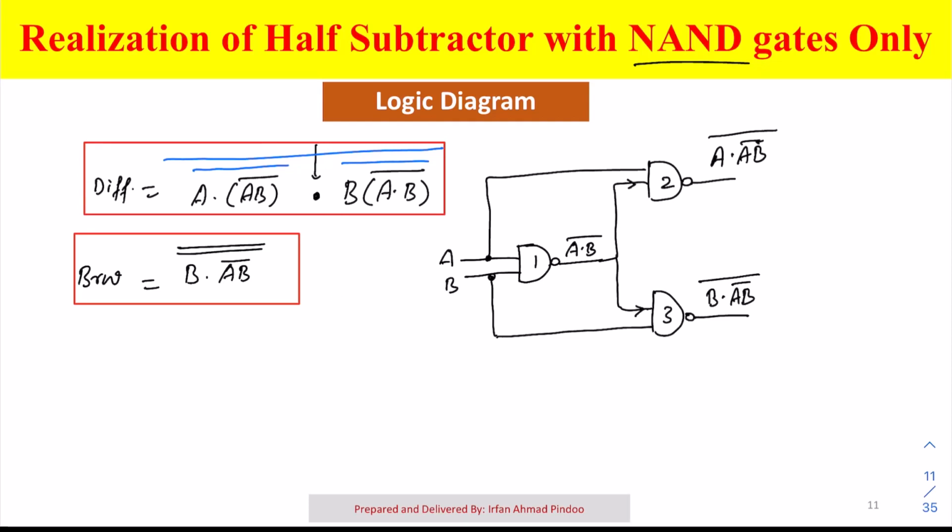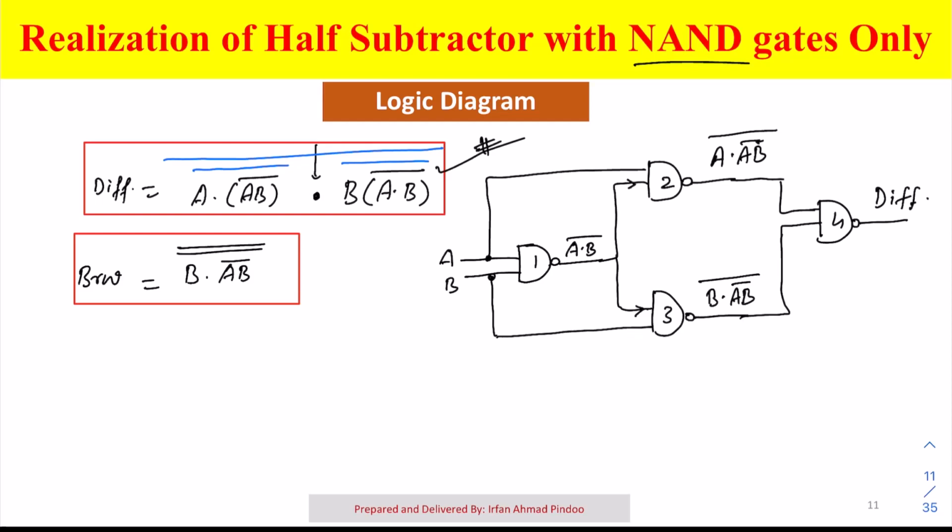For that we need to combine these two and give them to one more NAND gate. This NAND gate over here will give us the difference, which corresponds to the equation available in this box. So with these four NAND gates, difference is done.